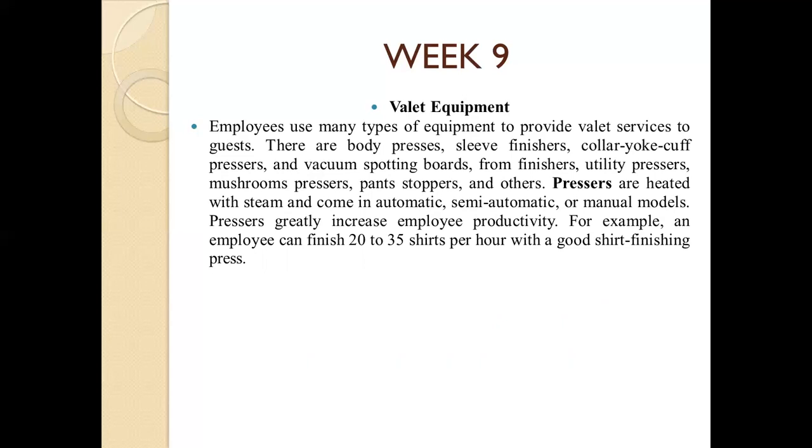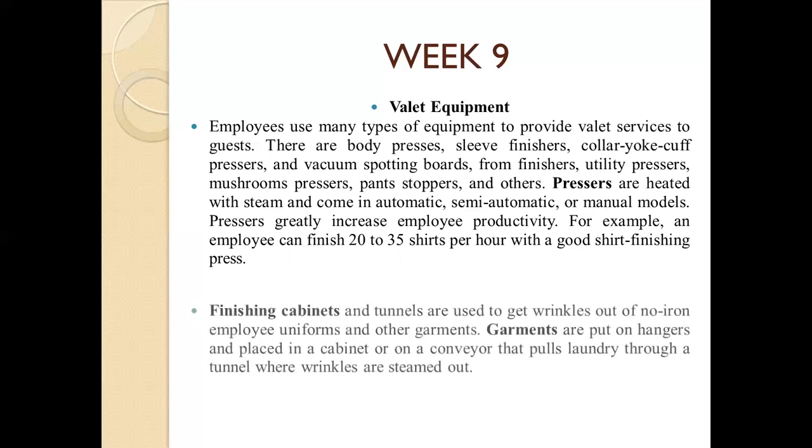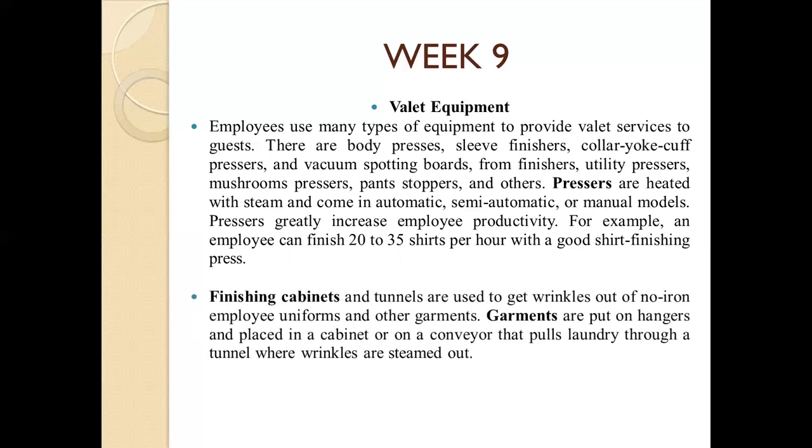So for example, with a press, an employee can finish 20 to 35 shirts per hour with a good shirt finishing press. So we have finishing cabinets and tunnels used to get wrinkles out of no iron employee uniforms and other garments.